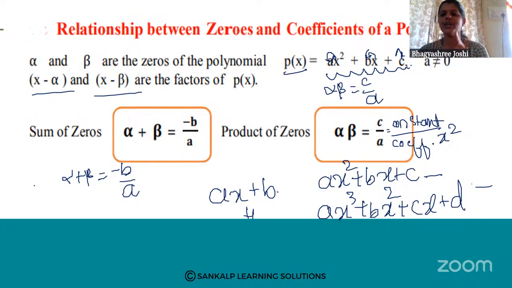That we call alpha and beta. Here alpha and beta are the zeros of the polynomial ax square plus bx plus c. So the sum of the zeros, alpha plus beta, is equal to minus b divided by a. The product of the zeros, alpha into beta, is equal to c divided by a. Okay. So this is also very important.